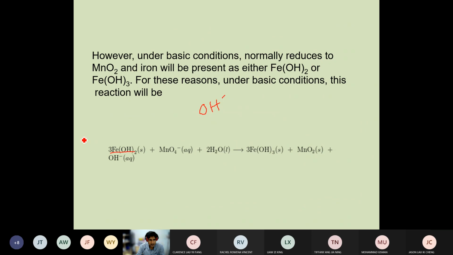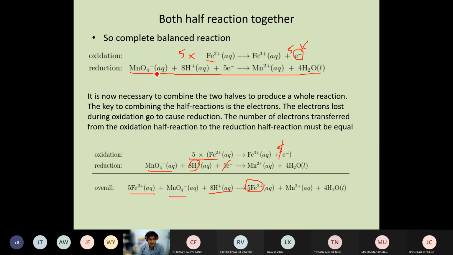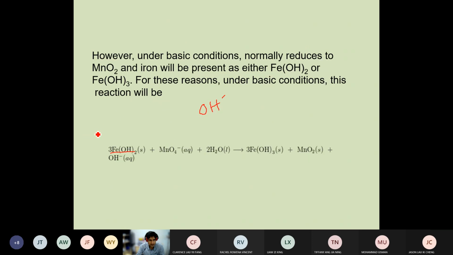In the previous slide, iron was just shown as Fe2 positive charge. In this case, we may show it as hydroxide, because in basic medium it will be mostly ferrous oxide or ferric oxide.